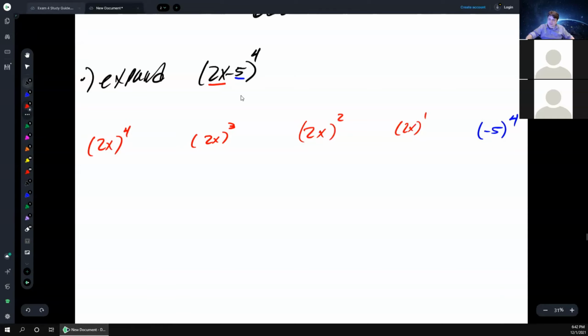And then on the other side, counting down, my next one would have negative 5 to the third, negative 5 squared, negative 5 to the 1, and then the last one would have negative 5 to the 0, but that one drops off.